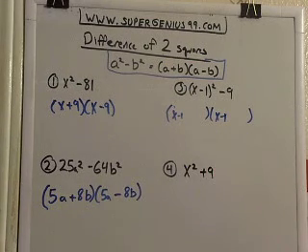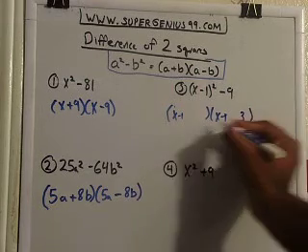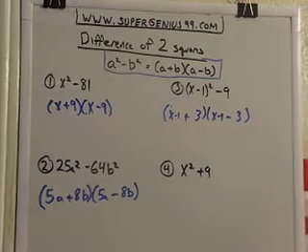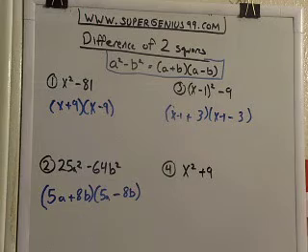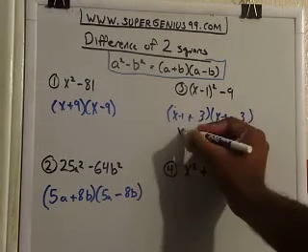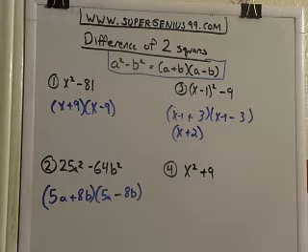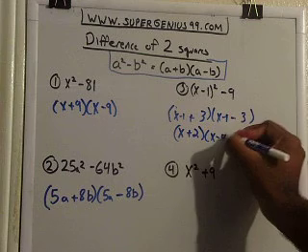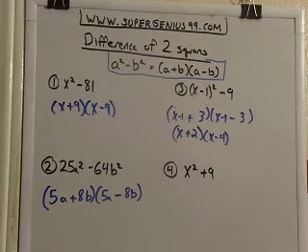And then what number squared gives us 9? Well, 3. Put a plus in one and a minus in another one. Well, here I can simplify some more because negative 1 plus 3 is what? That's 2. And then negative 1 minus 3, that's a negative 4. Can I simplify this anymore? No, I can't.